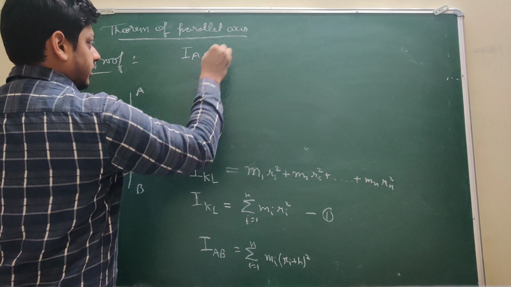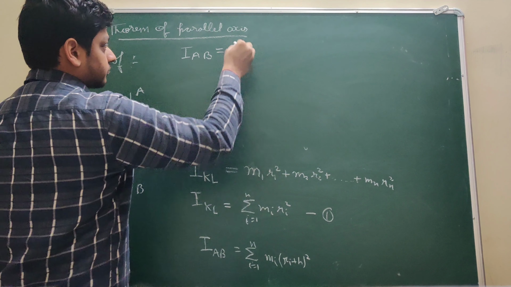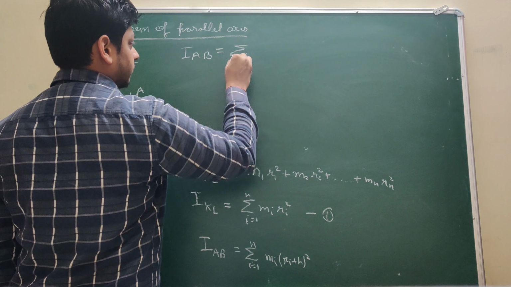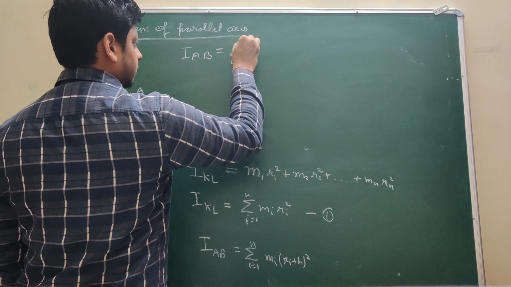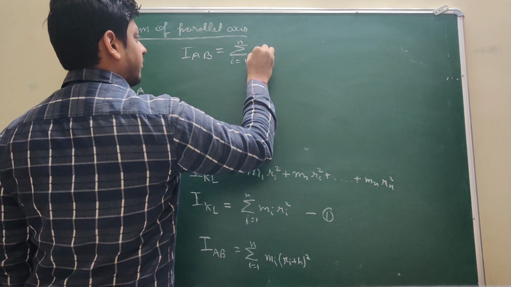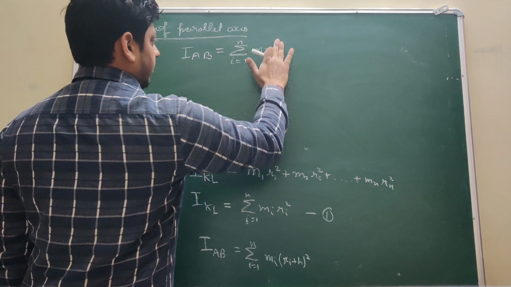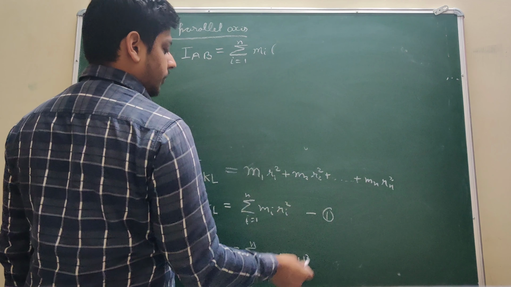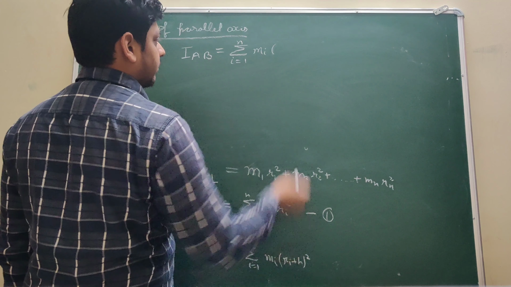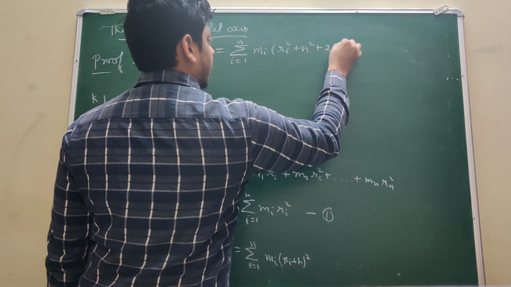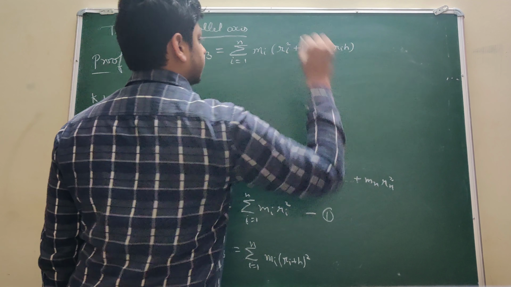IAB is equal to the summation of mi, and by opening this whole square we get ri square plus h square plus 2 ri h.